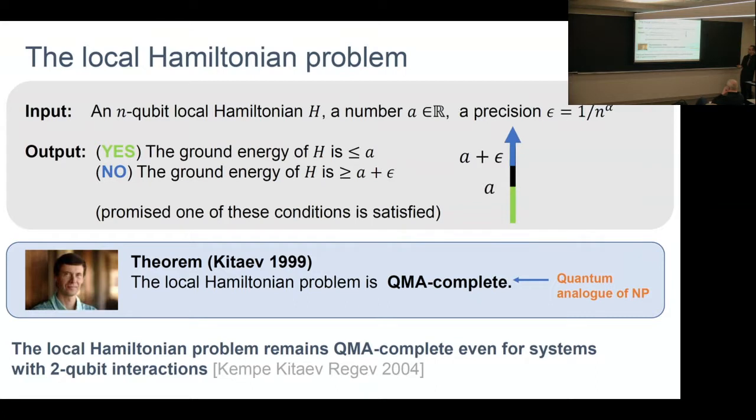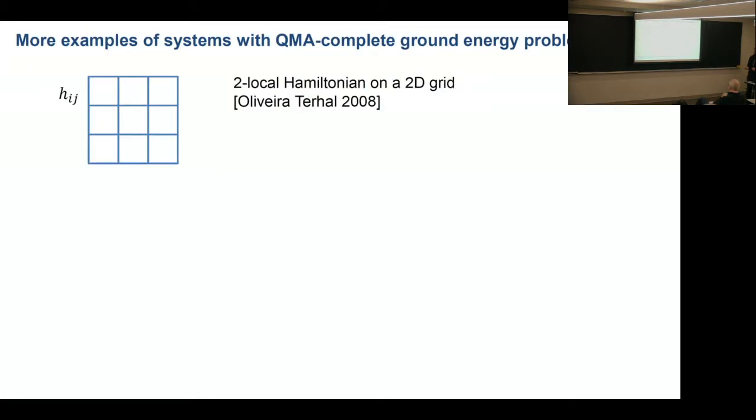Let me also mention that this local Hamiltonian problem remains intractable even for systems with 2-qubit interactions. You might say, well, what does local mean here? It could mean 3-local, 4-local, but it's hard even when you only have 2-qubit interactions. And in fact, it's also known to be hard even with much stronger restrictions on the geometry.